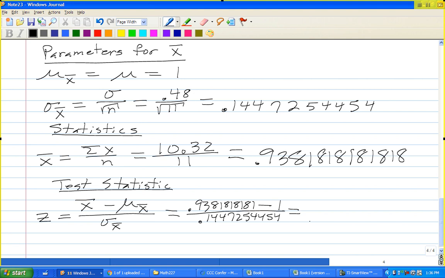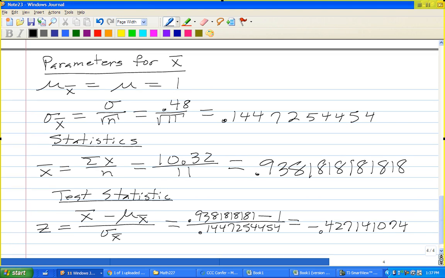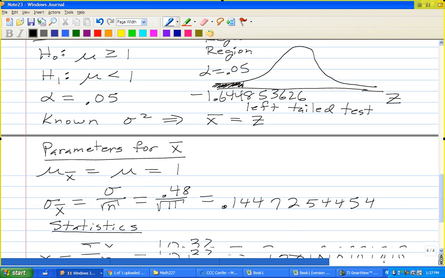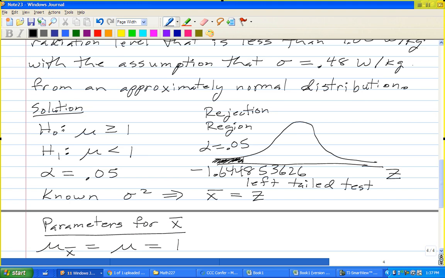Plug that into your calculator. Negative 0.427141074. So I'm here at a negative 0.427.